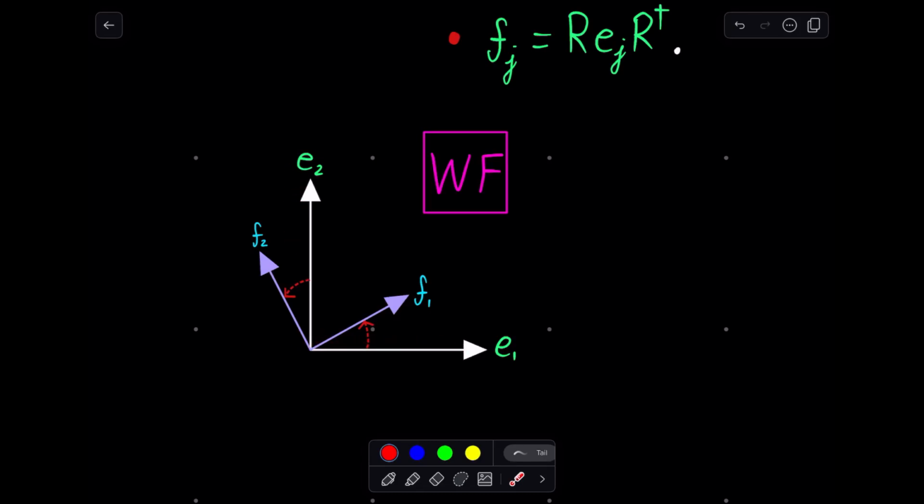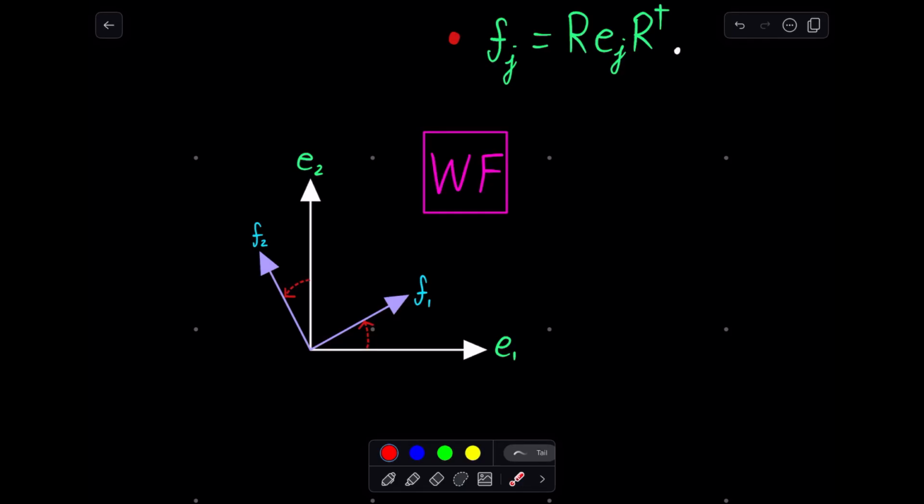And then as you're rotating, the world frame sees F1 and F2. I drew these as smaller, but they're supposed to be vectors of the same length. I drew them smaller to emphasize that we're in the world frame in this picture, observing the body frame as it rotates.